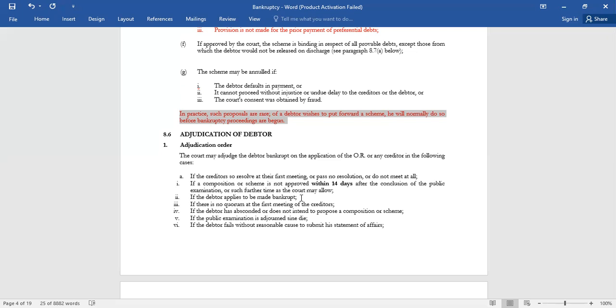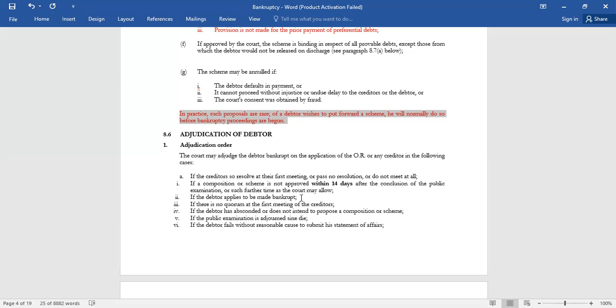If a composition or scheme is not approved within 14 days, so once we sit and agree that you are going to provide a payment mechanism, it should be done within 14 days after the conclusion of the public examination, or such further time as the court may allow. If that is not done within 14 days, we'll go ahead and adjudicate the order.